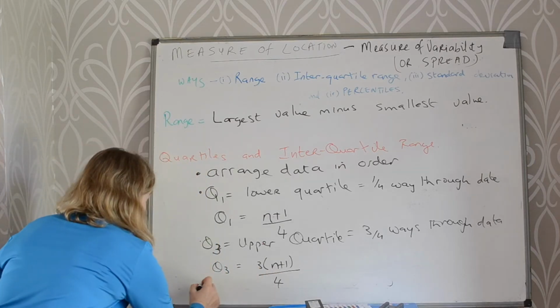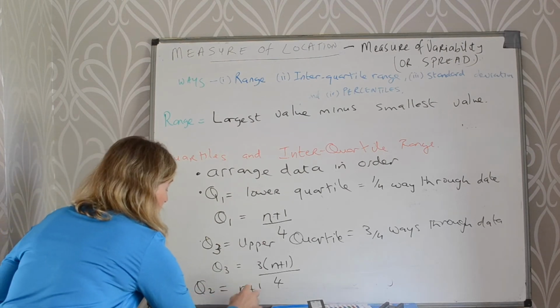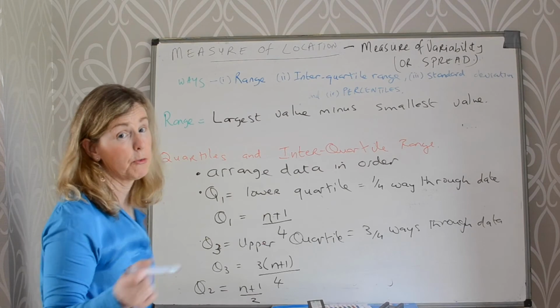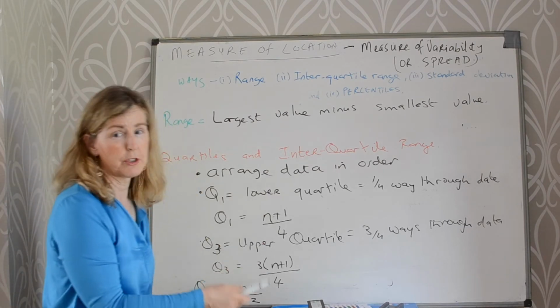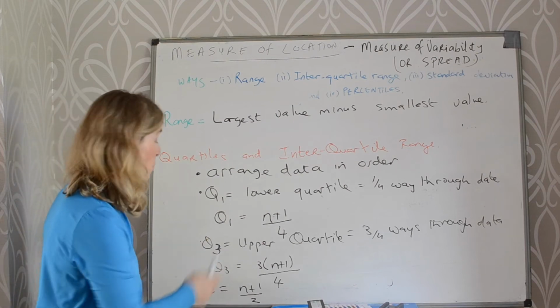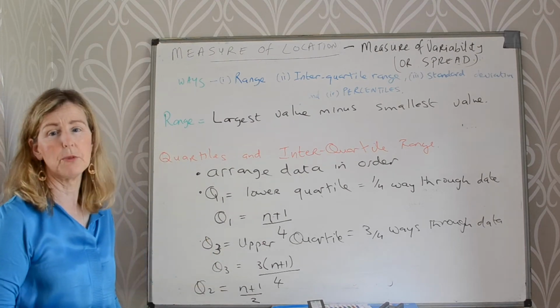And then to get Q2, the halfway mark, it's just n plus 1 divided by 2, because it's halfway through the data. You could make that 2 times that over 4, but 2 over 4 is 1/2. So that's how you get the interquartile range.